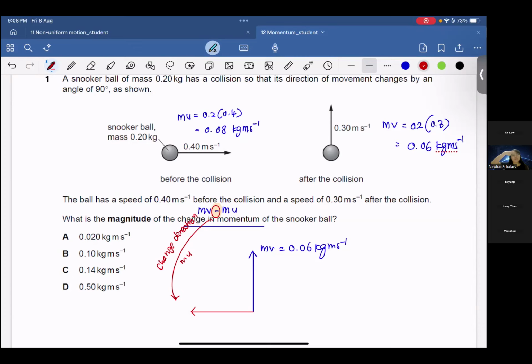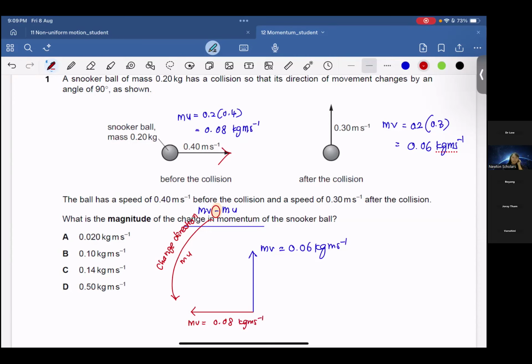First lesson or second lesson, I can't remember, we talked about this. Okay, the vector, minus the vector, so the direction has to change. Just now, mv was pointing to the right. Now we minus the mu, so we need the opposite direction. So here, mu is 0.08 kg meter per second.